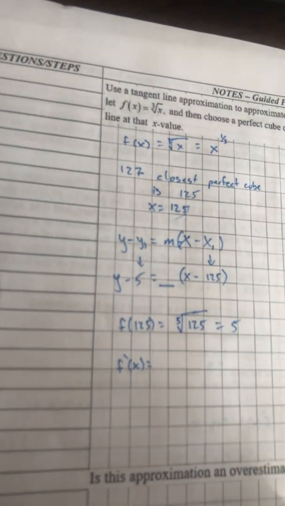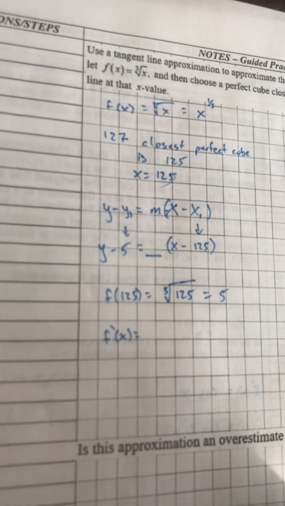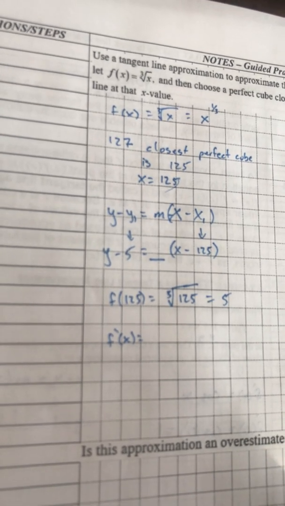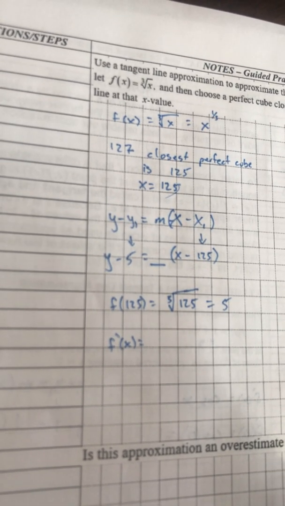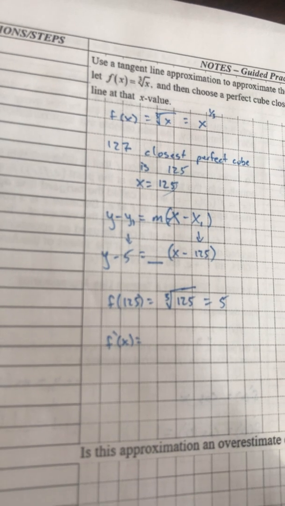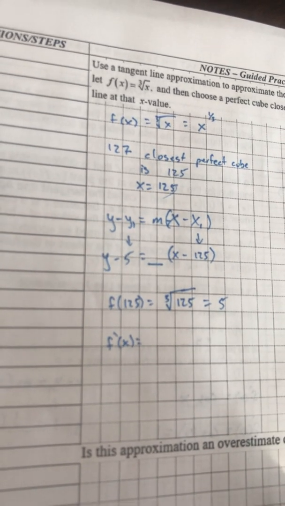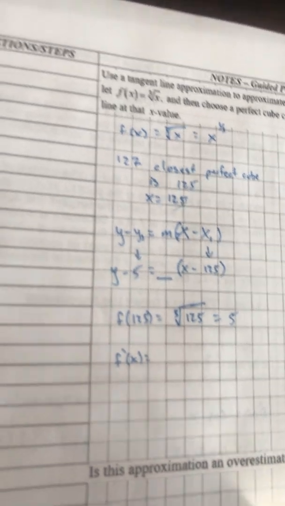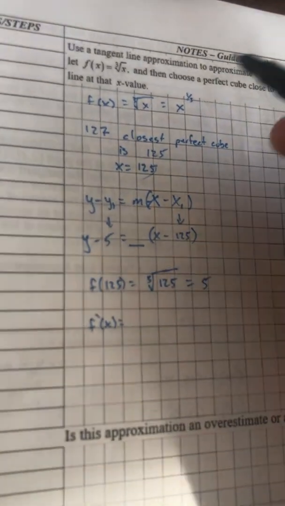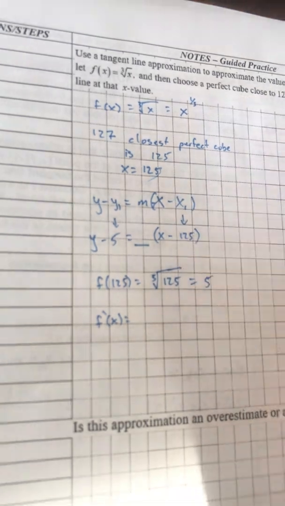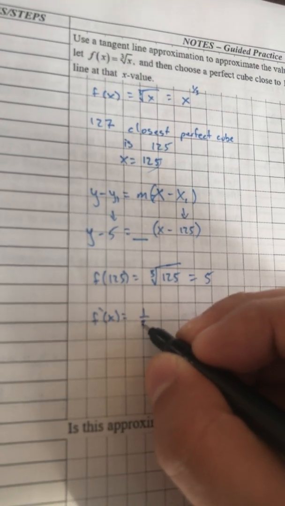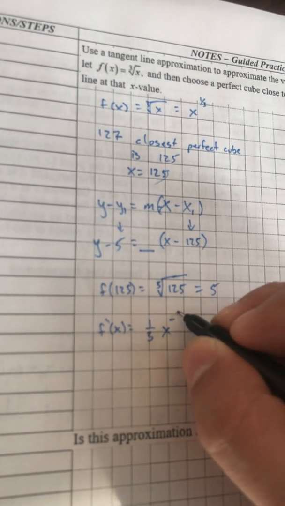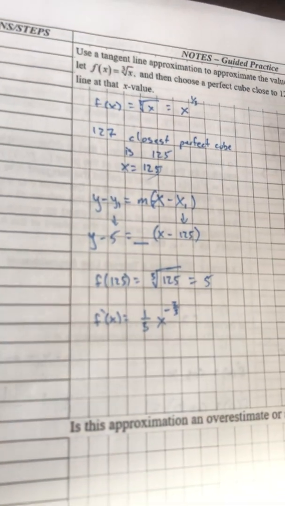What rule is that? It's not the quotient rule, not the low-D-high rule. It's not the chain rule because there's only one function. We don't have a function inside of another function. It's going to be the power rule, the very first rule that we learned, right? So we move that to the front and then subtract 1. So we have 1/3 x to the negative 2/3. Done.